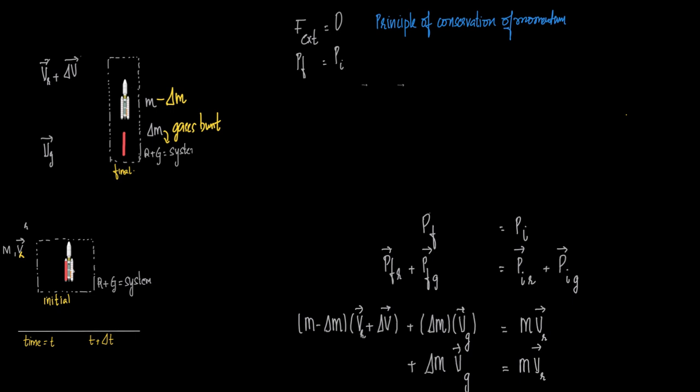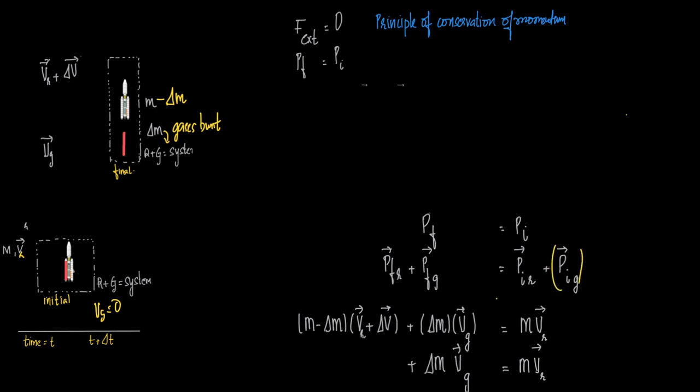The final momentum will have two components: one of the rocket and the other of the gases, and so will the initial momentum, the initial momentum of rocket plus the initial momentum of gases. This is the initial condition. Initially the rocket has m and vr. The gas has zero velocity. I have taken only the red one here, which means the red is still stationary, the velocity is 0, and therefore this term becomes 0.